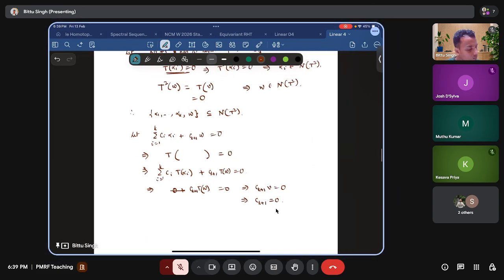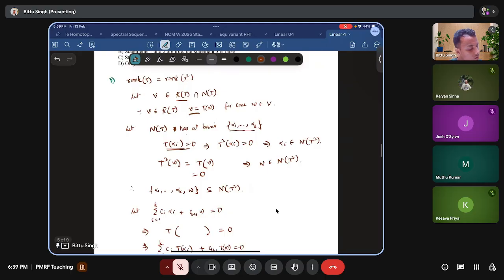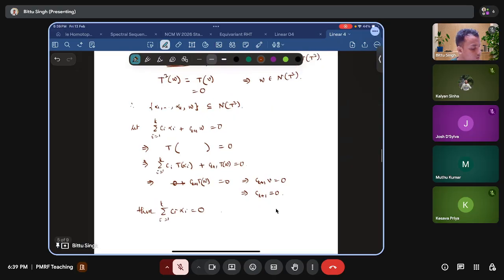Okay. Now, if Ck plus 1 is 0, then the sum of Ci alpha i, i equal to 1 to k, is also 0. But those are basis elements. Therefore, those are automatically linearly independent.